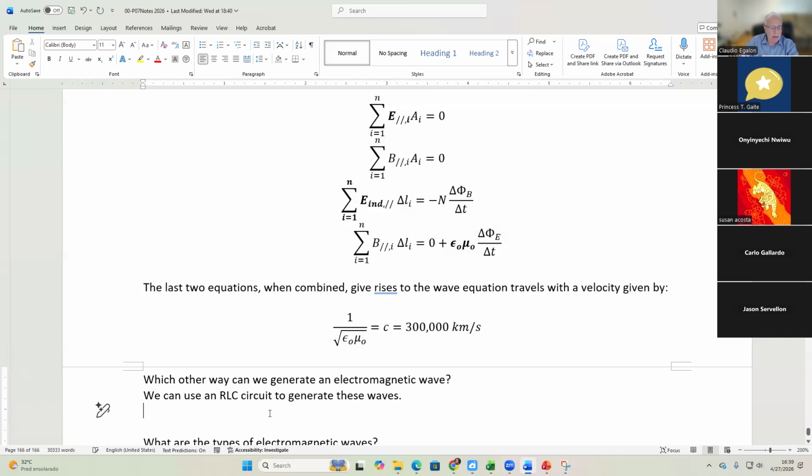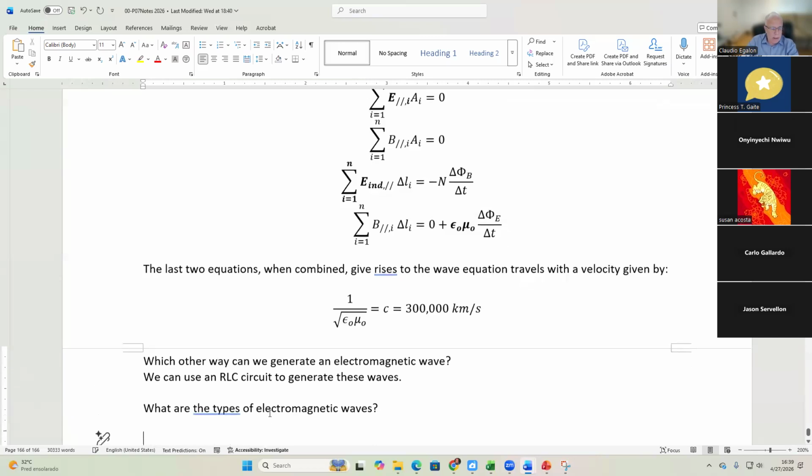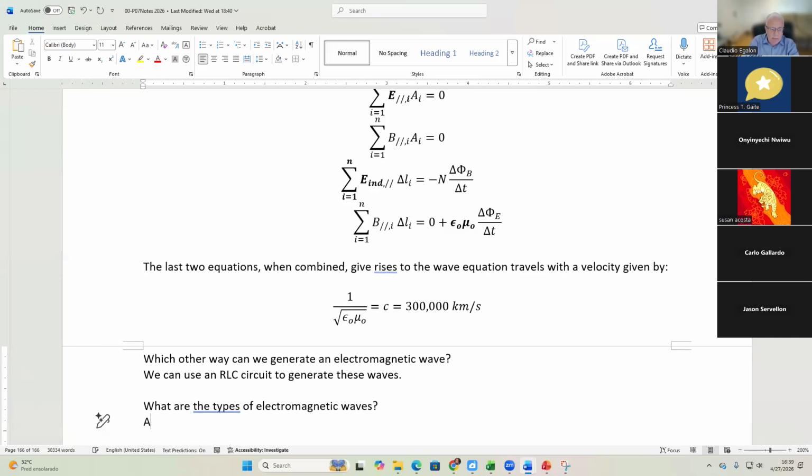Okay, and what are the types of electromagnetic waves? A given electromagnetic wave depends on the frequency of your RLC circuit. Okay?